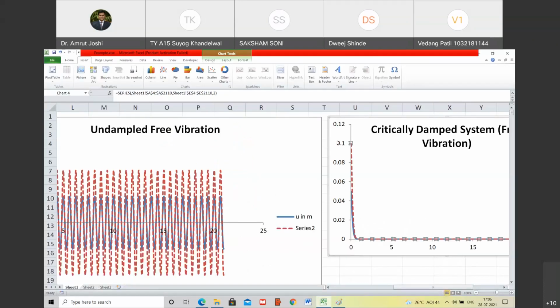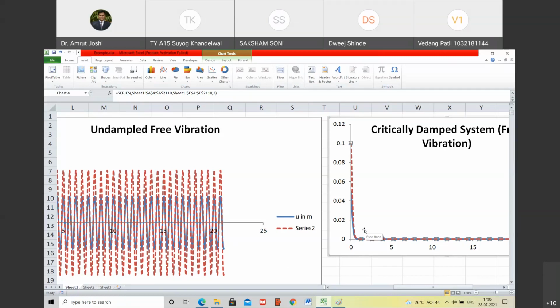Okay. Now what is another observation? The system started from 0.1 meter, that is 100 mm. The mass was at 100 mm. Do you agree with me? And then it starts approaching the mean position initially at a faster rate. Look, there is exponential decay. Do you see that? Initially, it approaches the mean position at very fast speed, but eventually that speed slows down and it becomes asymptotic to the x-axis.